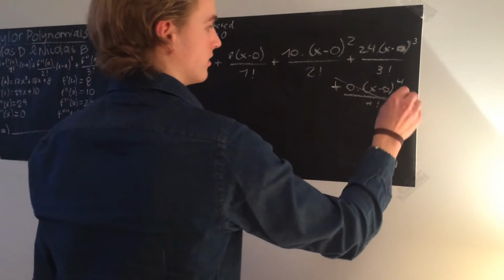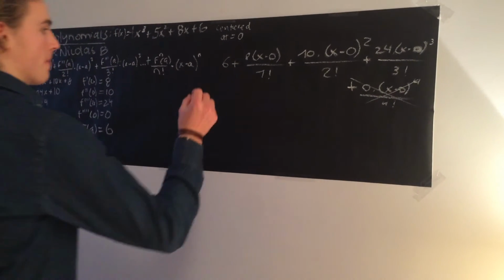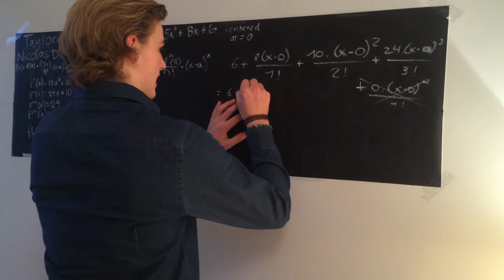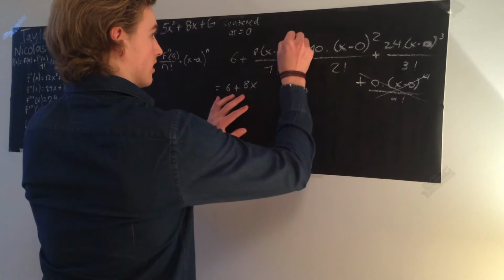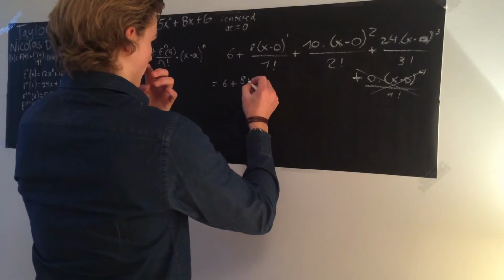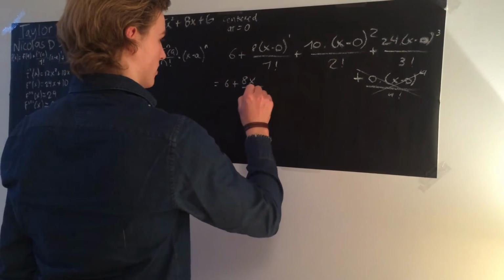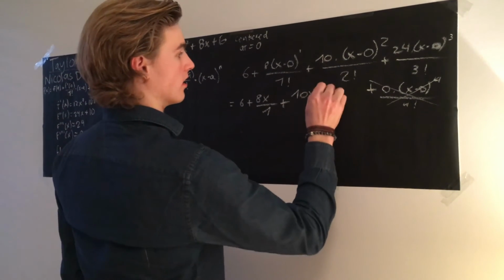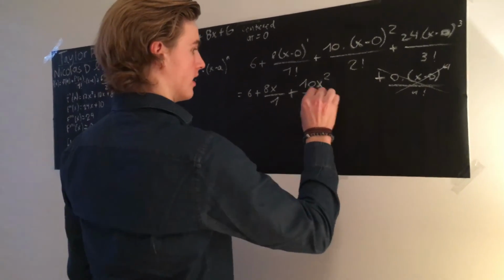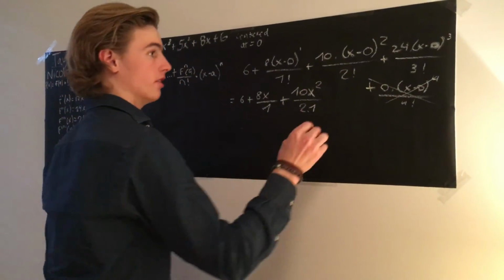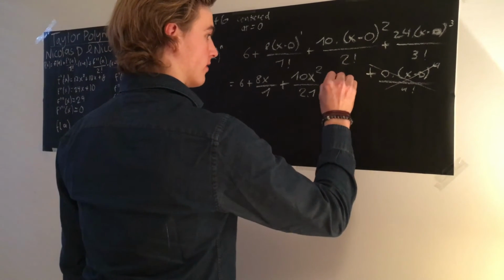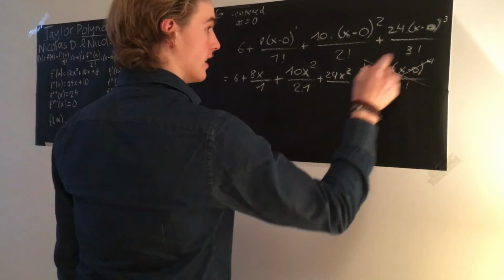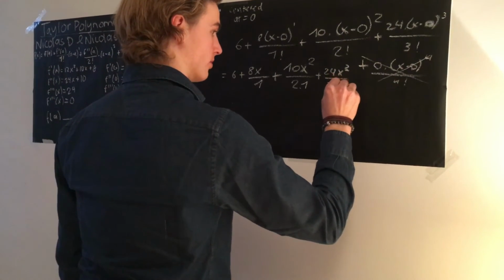This is going to cancel out, so I can already cross this out. Then we're going to have 6 plus 8x. This is to the first power, by the way. 8x divided by 1 plus 10x squared divided by 2 times 1 because it's 2 factorial, and then plus 24x cubed divided by 3 factorial, which is 3 times 2 times 1.